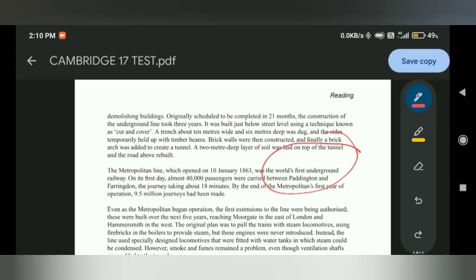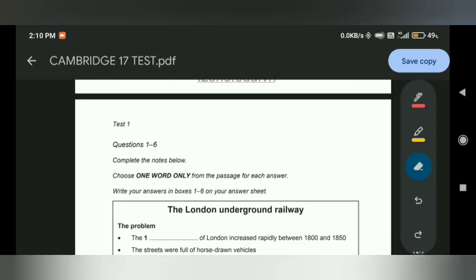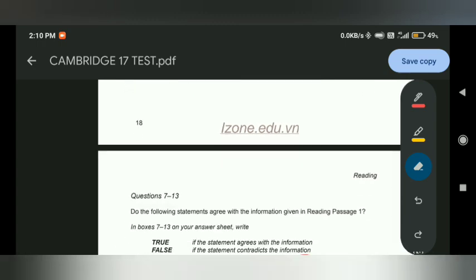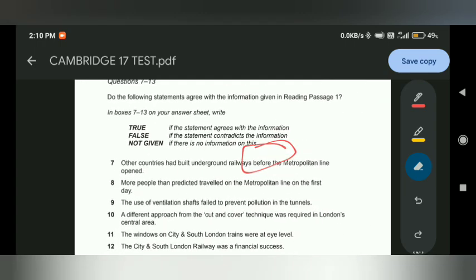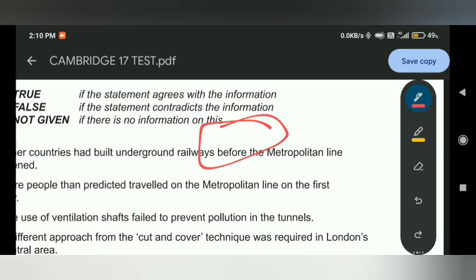So which means it is false, because the information that is available in the question is directly contrary to the information that is available in the passage. So the answer for this question is false.